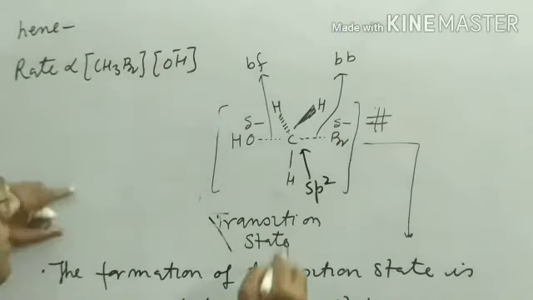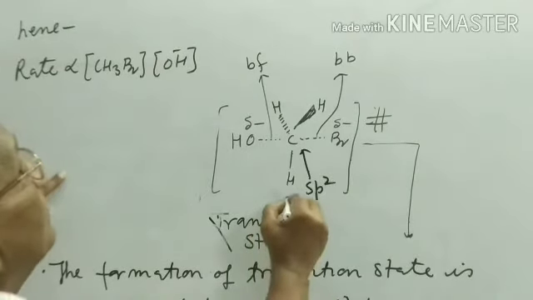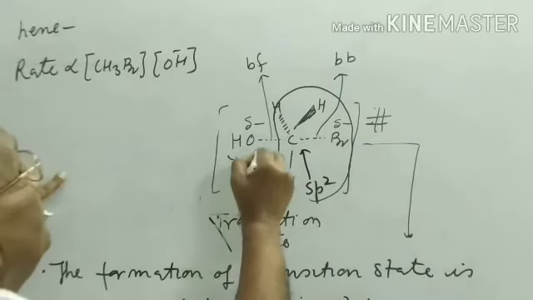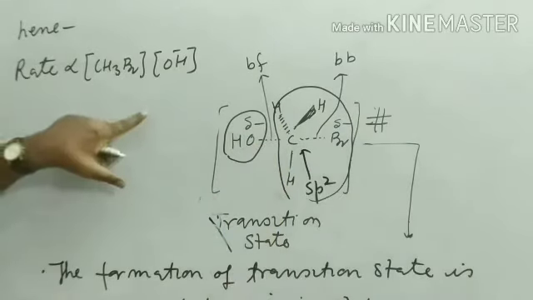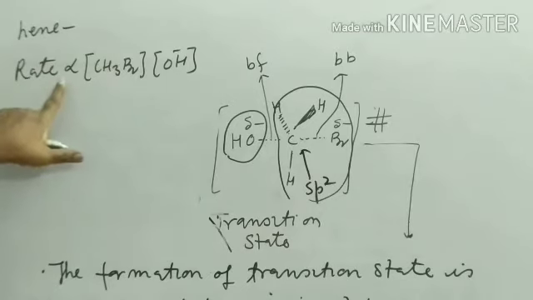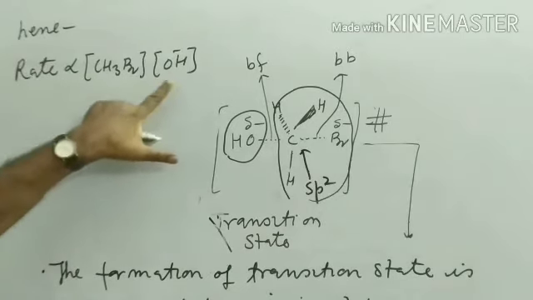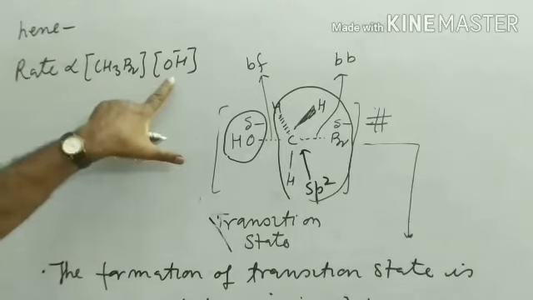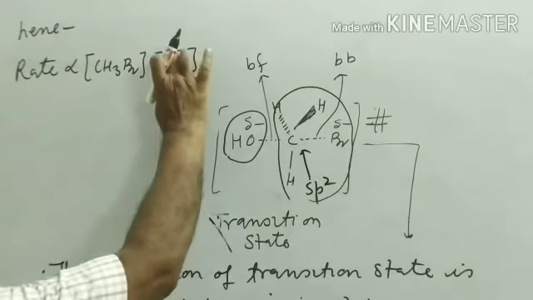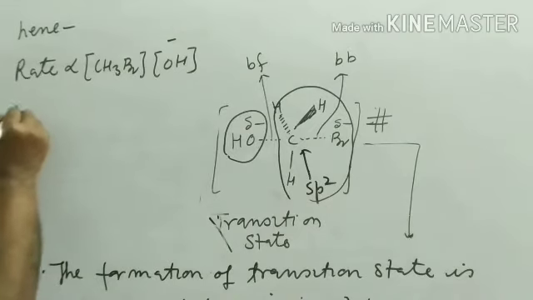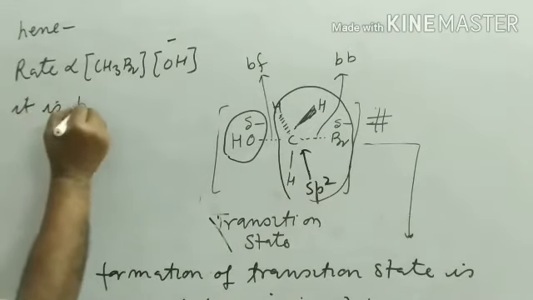See, this is the methyl bromide part and this is the nucleophilic part. So, both are involved. The rate is proportional to the concentration of methyl bromide and the attacking nucleophile, which is the hydroxide ion. So, it is a bimolecular reaction, this molecule and this molecule.